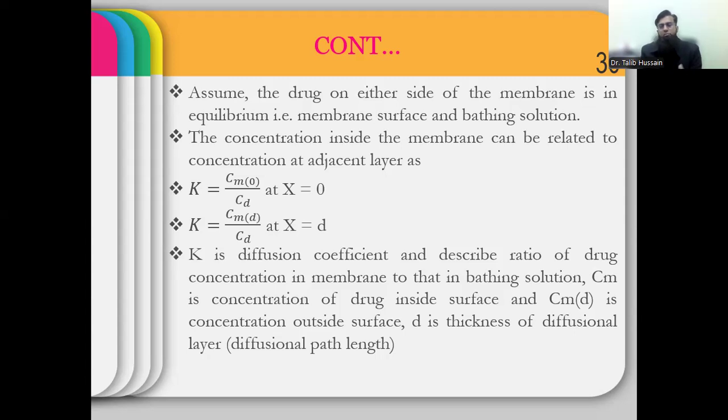Alternatively, because a membrane exists, K will always be a diffusional coefficient, the ratio of the drug concentration in the membrane to the bathing solution, from the core membrane to the bathing solution.